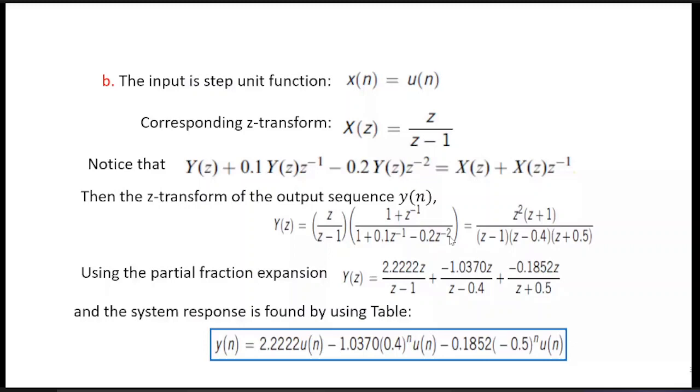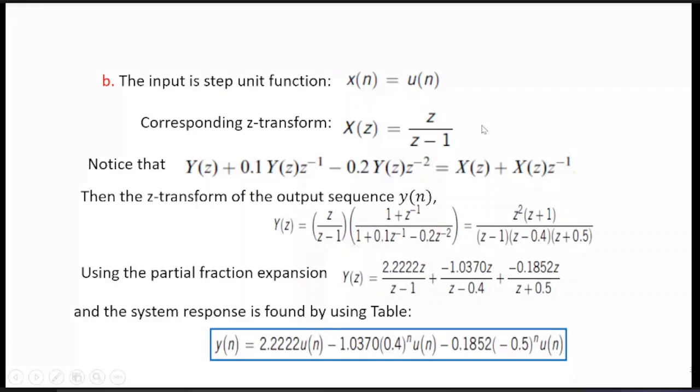In that case, x(n) is the unit step function, so its z transform is z by z minus a with a equal to 1, so 1 to the power n u(n) is the time domain signal. 1 to the power n means 1 only, for positive values of n, not negative values of n.